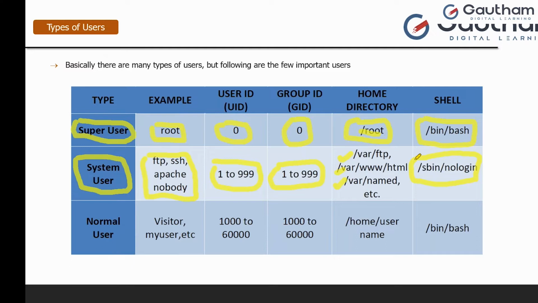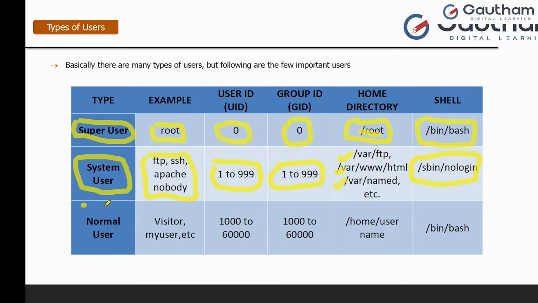These users are available only for internal usage. If you try to log in with FTP, SSH, Nobody, it won't allow you to log in even though you have set a password. The reason is every system user has a nologin shell that prevents them from logging in.